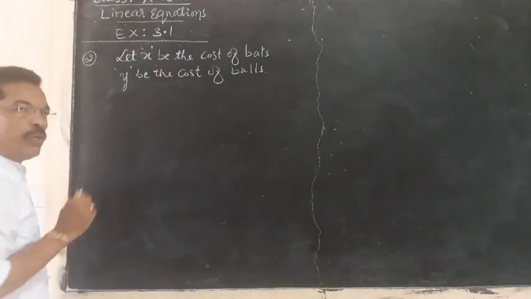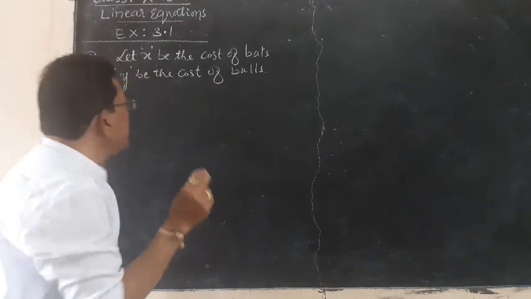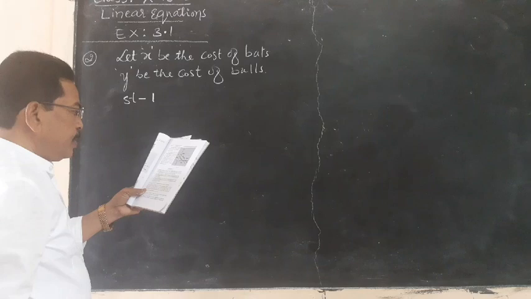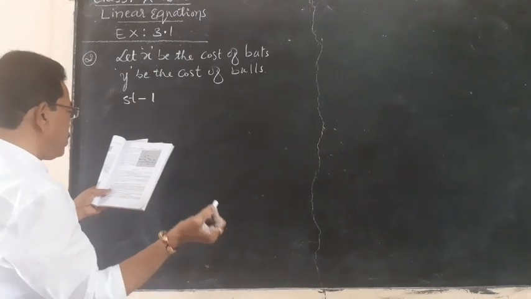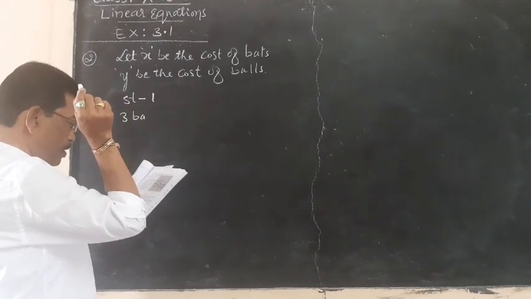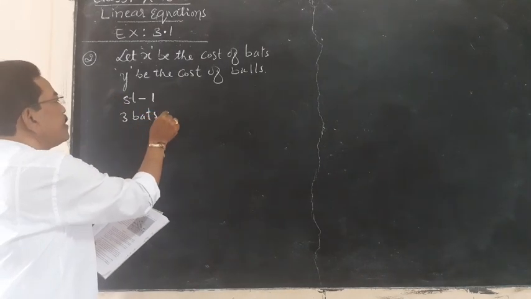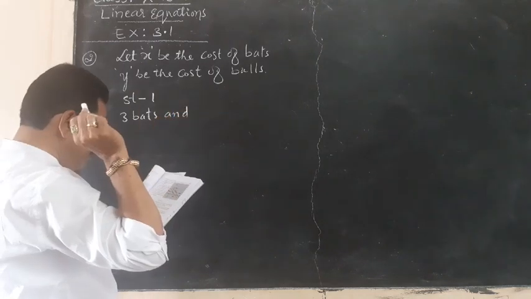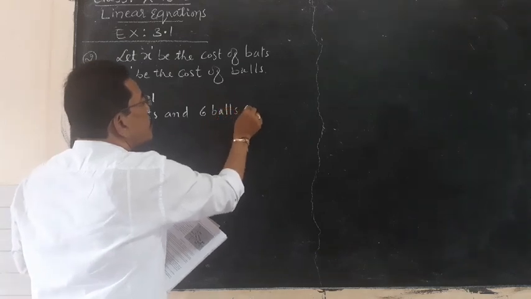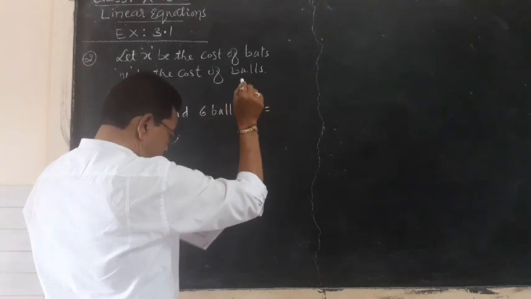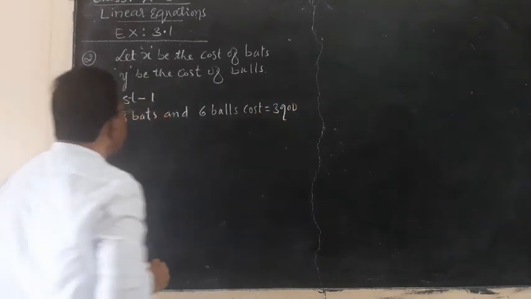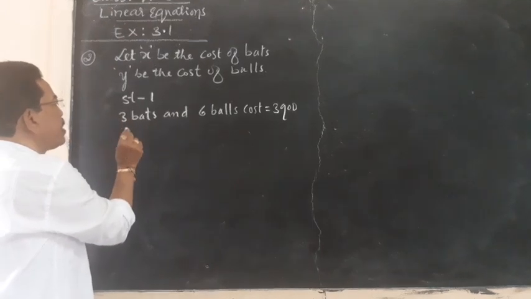According to statement 1, 3 bats and 6 balls cost 3,900. Okay, this one is the verbal statement.